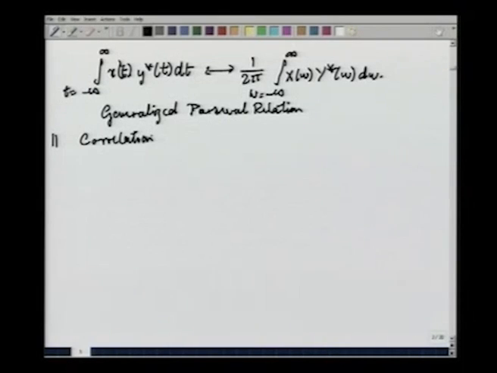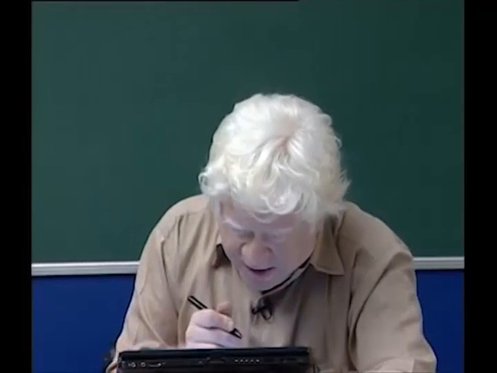So, the correlation in general between two functions, between say x t and y t, is a plot of the inner product of x t and y t minus tau, or x t plus tau and y t, evaluated against tau. That means, the inner product is evaluated like this.